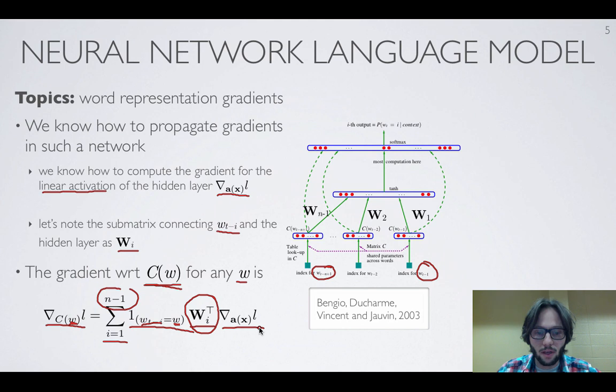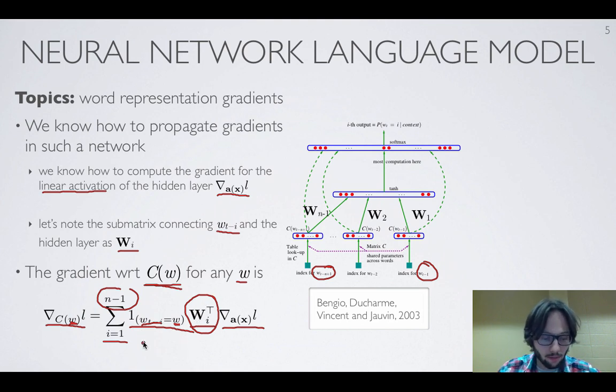So that expression should not be so surprising. We've seen in a regular neural network that if we compute a matrix multiplication, so for instance, we take that hidden layer multiplied by a matrix, then the gradient with respect to the hidden layer is going to involve multiplying the gradient at the layer above by the transpose of the connection. So for the same reason, that's why we see these terms appearing.